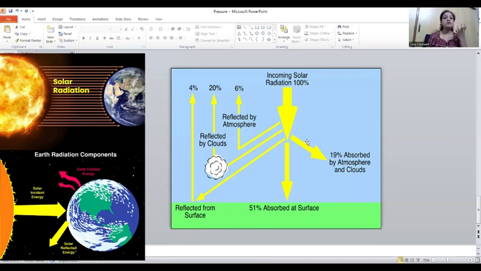The land absorbs 51% of the incoming solar radiation, 19% is absorbed by the atmosphere and the clouds, and the remaining is reflected. Here, the surface of the earth acts as a radiating body, emitting the insolation that is received from the sun. So it is reflected back into the atmosphere: 4% from the surface, 20% is reflected by the clouds, and 6% is reflected by the atmosphere.